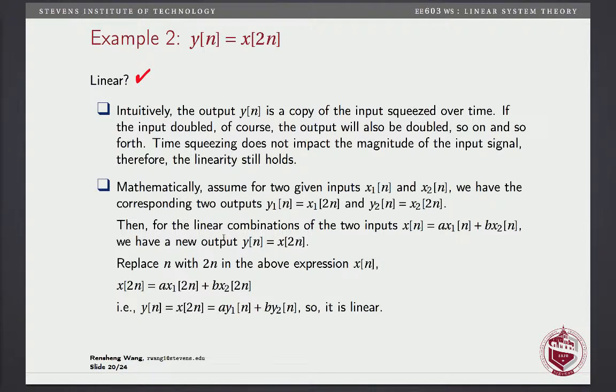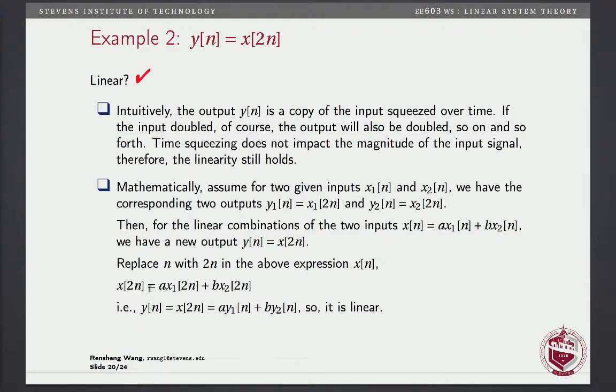Mathematically, you can think about it this way. You have 2 inputs x1, x2, and you get 2 outputs y1, y2. Now you get a new input that is a linear combination of the 2 inputs x1 and x2. Like this, you get a new output y(n) equals x(2n). Let's replace n with 2n.